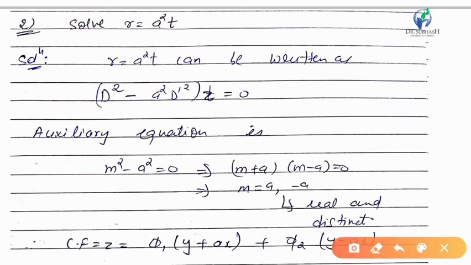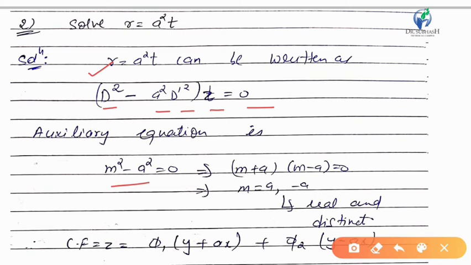R equal to a square t. We have to find the solution. This can be written as D square minus a square D dash square z equal to 0. First we will find the auxiliary equation. I will put D equal to m and D dash equal to 1. So the auxiliary equation will be m square minus a square equal to 0.